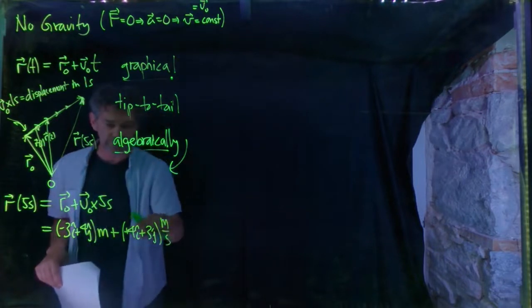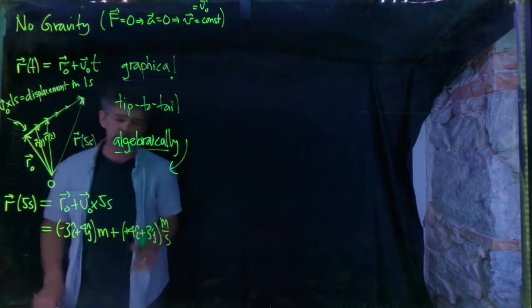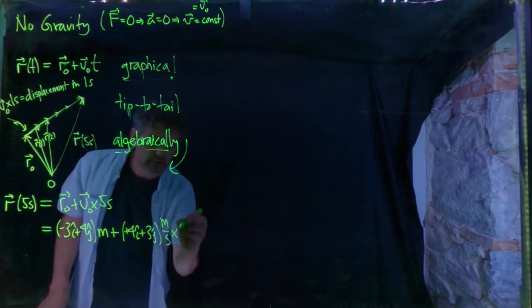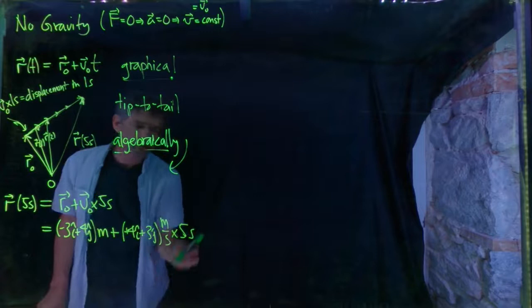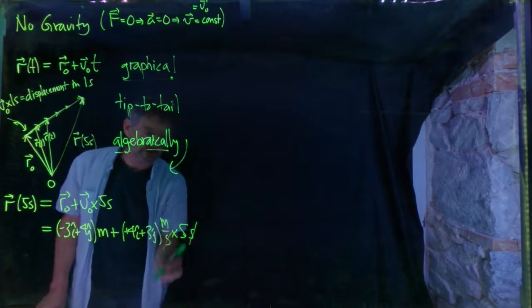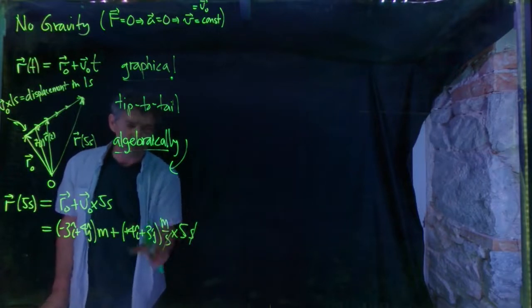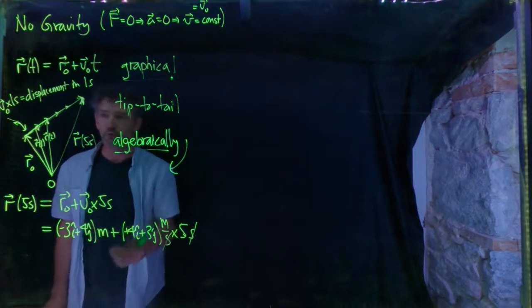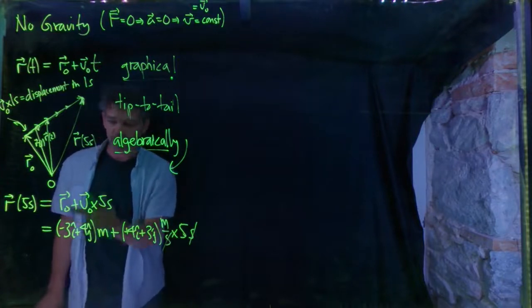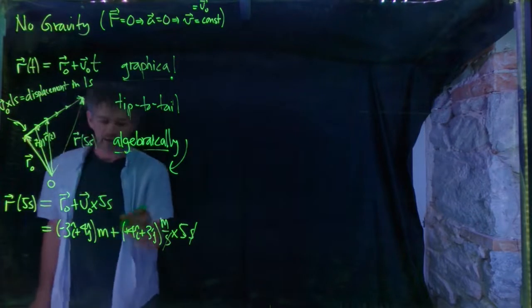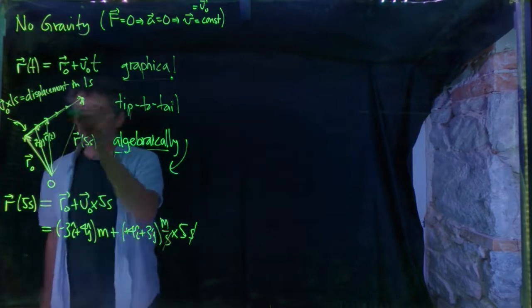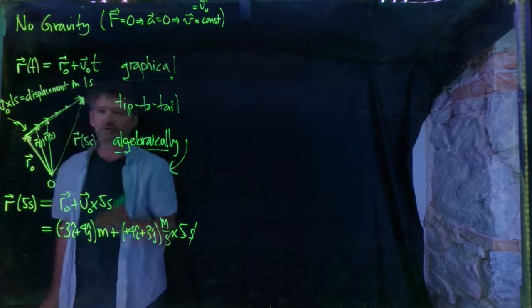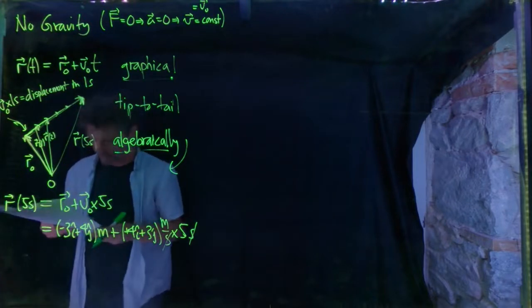That's the initial velocity vector, times 5 seconds. You'll notice that the seconds and the seconds cancel out. This vector has the units of meters, and this vector has the units of meters. You're adding two meters. In this case, this vector represents this vector, and this vector represents this vector. We're just adding them up algebraically instead of graphically tip to tail.